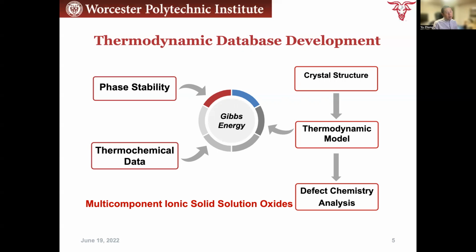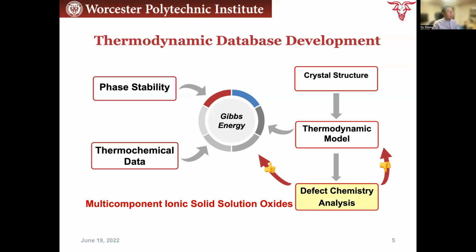If the defect chemistry doesn't have a good match with the experimental data, then the model has a problem, so we need to go back to work on the thermodynamic model again. If it has a good match on the defect chemistry analysis, of course, the model is correct, the Gibbs energy is correct, and then we have the database.